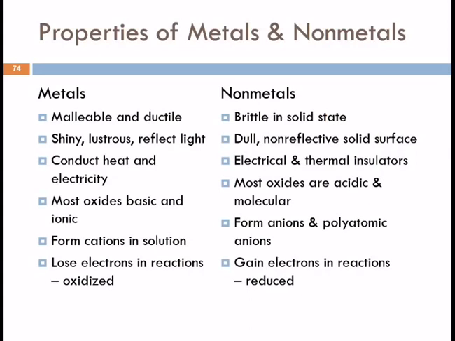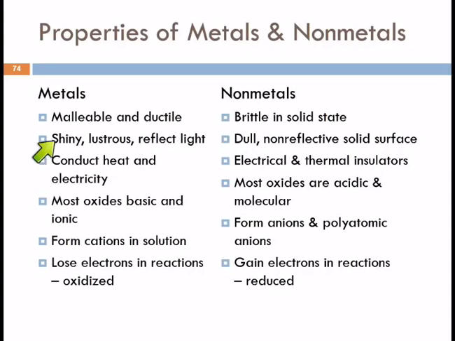This slide shows properties of metals versus nonmetals. What we're going to talk about is metallic character. When we talk about metallic character, we think, well, how much is it like a metal? Metals are malleable and ductile. You hit a piece of metal with a hammer and it doesn't shatter like glass. It just dents, right?